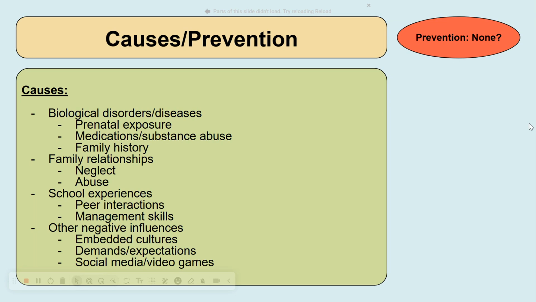So if we want to talk about prevention, making sure that as a mother, when you're carrying this child, that you are putting all of the right things in your body. As family guardians, that you're treating your child with love and respect and care, that when we're at school, we're making sure that these students have a warm and welcome environment, and that we're trying our best to monitor the online use of social media to make sure that our child or students aren't being exposed to these things.